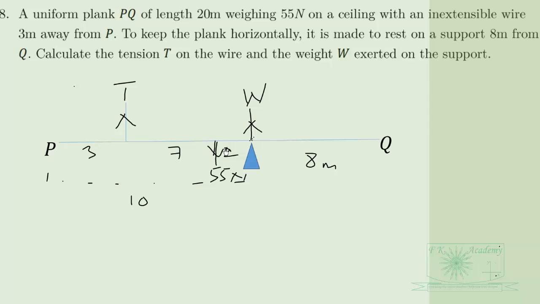So right from here, we can use the fact that the sum of upward forces will be equal to the sum of downward forces. So this will give us one equation.